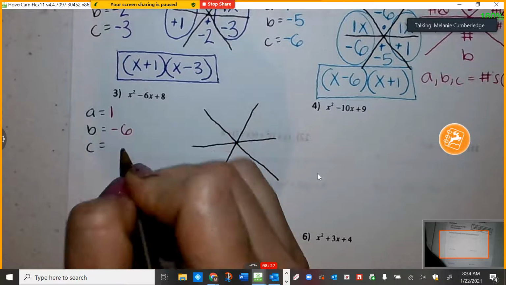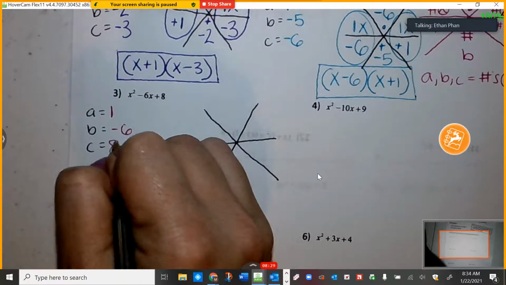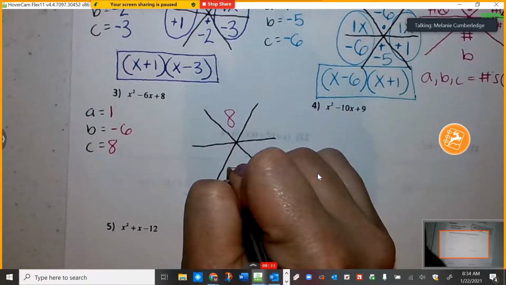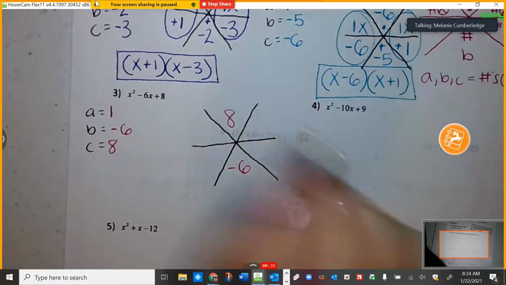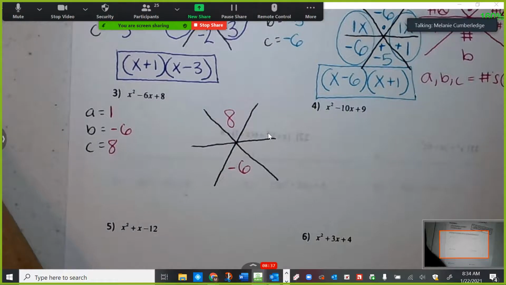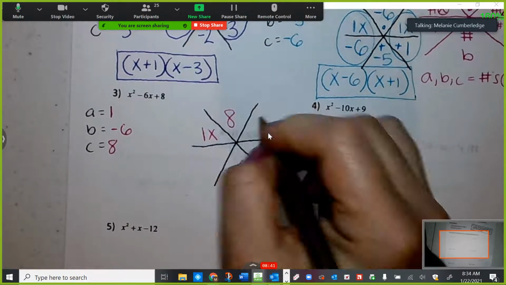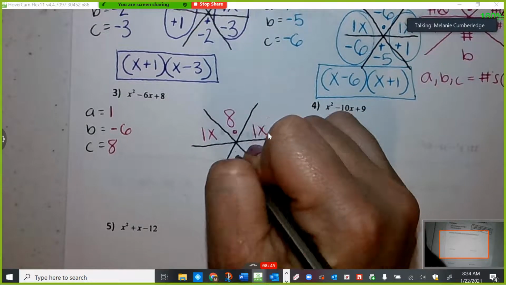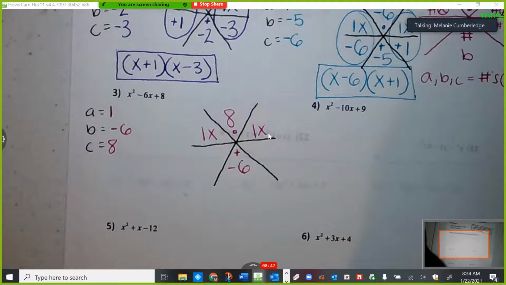And C is 8. Okay, so A times C is 8. B is -6. Oh, it might help if I'm sharing my screen. Here we go. And then A is 1 with our x, 1x. What multiplies to give me 8, but adds to give me -6?